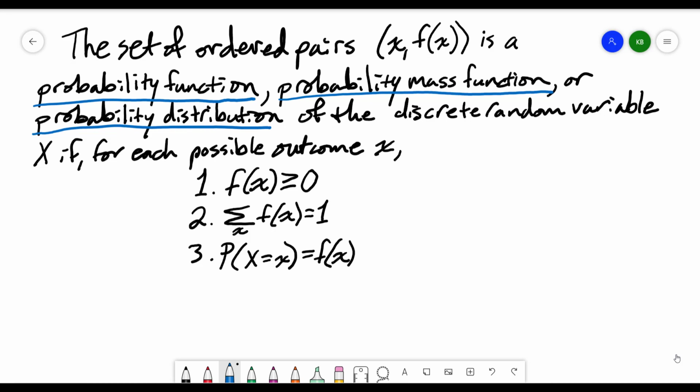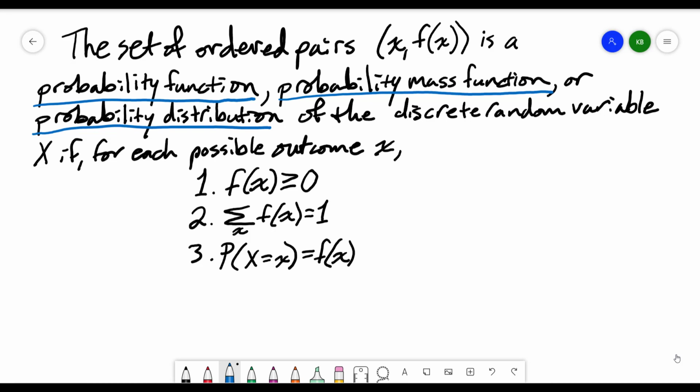Each of them is a set of ordered pairs, x, f of x, where f of x is greater than or equal to 0 for all of the x values. The sum over all of the x values of f of x equals 1, and the probability that our random variable has the value of lowercase x is f of x.